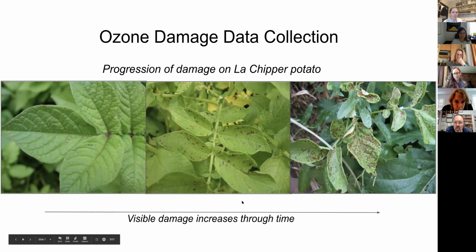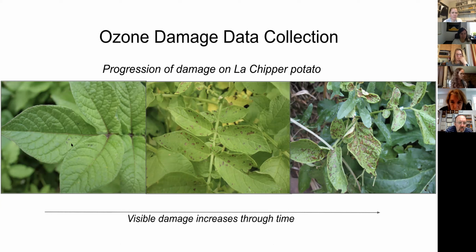These are some images of the chipper potato. On the left, this is in August of one of the years we planted the garden. This is damage that has just started on these potato leaves, and by about 2 weeks later, we're starting to get more widespread damage.